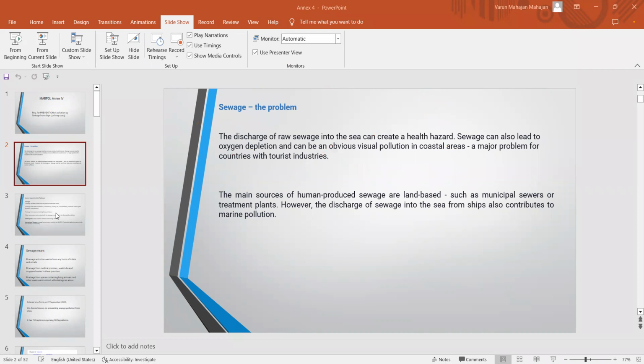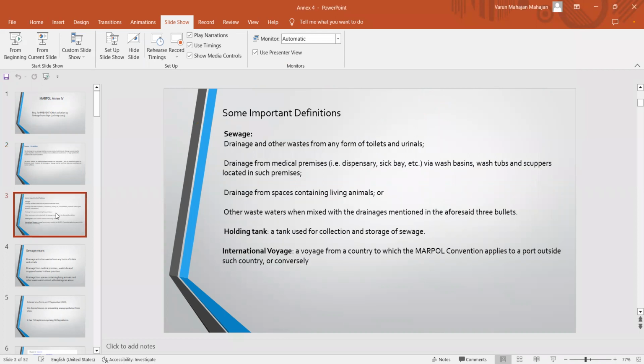Now, what is the definition of sewage? Drainage and other waste water from any form of toilet and urinal. So in this case, all the common spaces and all the rooms, toilet and urinal drain is known as sewage.